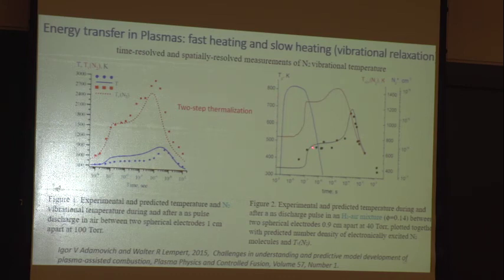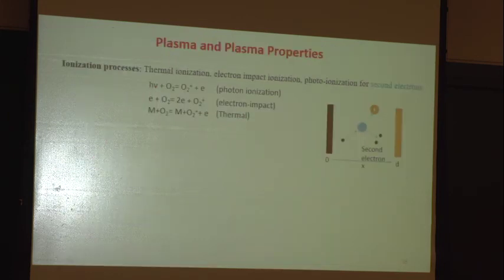So this temperature rise clearly is due to the electronic excitation process, energy transfer. And the second rise of temperature is due to the vibrational relaxation. So electronic process and vibrational relaxation are the two major processes in terms of heating. Okay? So two stages of heating process in plasma.